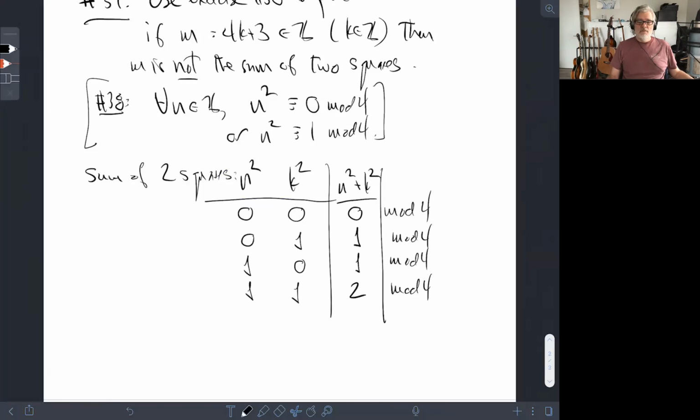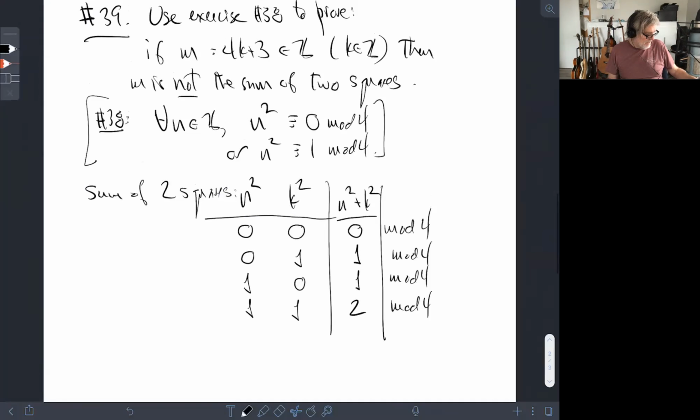So the question 39, sorry, is if m is of the form 4k plus 3, why can't it be the sum of two squares? Well, you see why. Because the sum of two squares will be congruent to either 0, 1, or 2 mod 4. It cannot be congruent to 3 mod 4, which is what this means in the hypothesis, right?